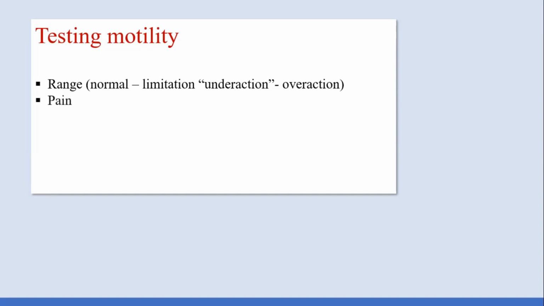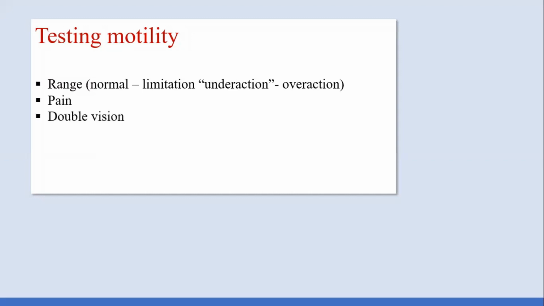And while testing the motility, in real practice, you may ask the patient whether the movement is associated with pain or not, because sometimes the etiology may be myositis. In myositis or in active thyroid eye disease, the muscles are inflamed, so you will find a generalized limitation of movement just because of the pain and inflammation in the active thyroid stage.